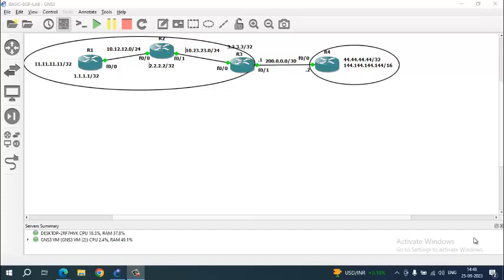So we have built this topology, the physical topology, to understand the configuration of BGP. Secondly, how do we advertise networks inside BGP?